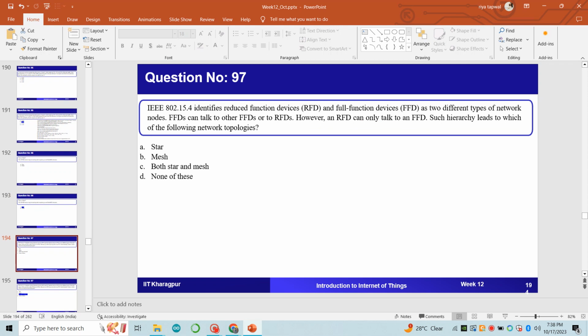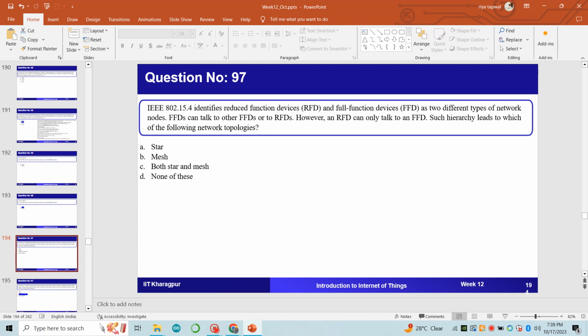Next question is, IEEE 802.15.4 identifies reduced function devices and full function devices as two different types of network nodes. An FFD can talk to other FFDs or RFDs. However, an RFD can only talk to an FFD. Such hierarchy leads to which of the following network topologies?